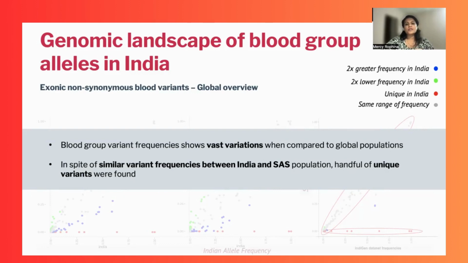So, this is a quick pictorial representation of how we work on population scale genome or exome data and then compare it with other global populations to get an idea of how similar or different our blood group profile is from other global blood group profiles.